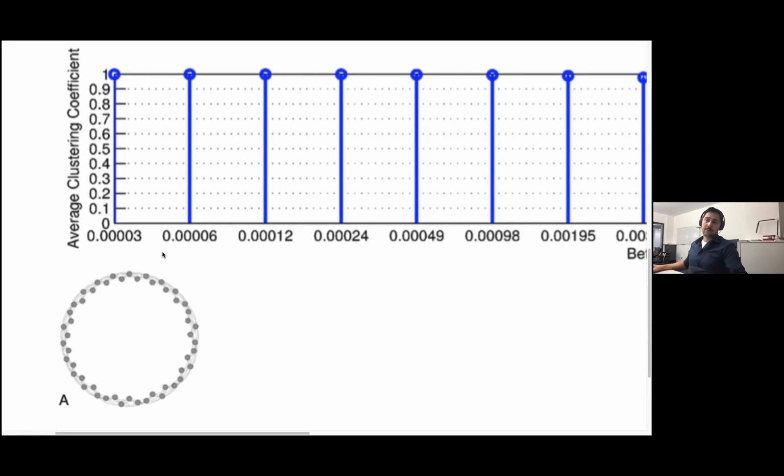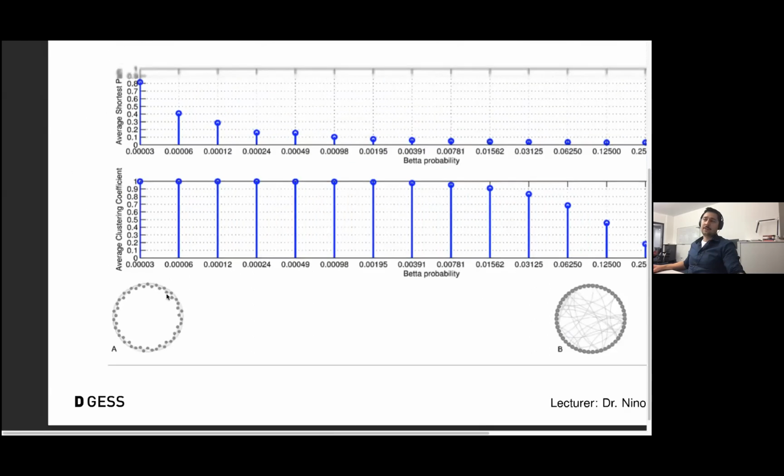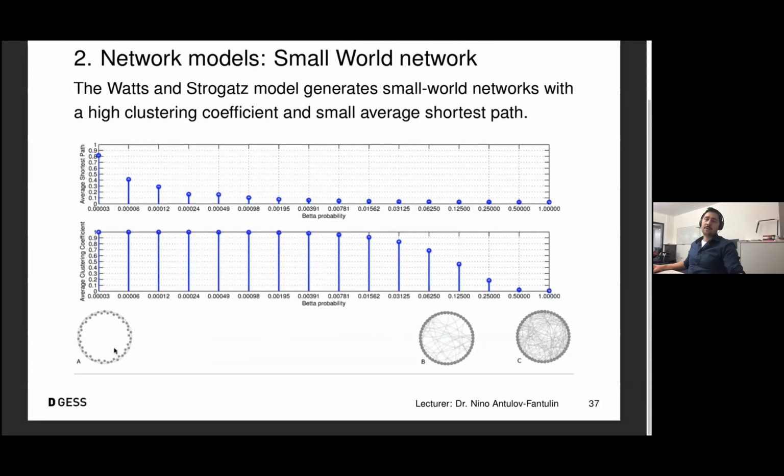Physicists would say that here we are having some kind of periodic boundary conditions, so things are connected and there is no beginning and end. Every node is connected to, let's say, 4 adjacent neighbors. And then with a certain probability p, you would start to disconnect nodes and connect them randomly.